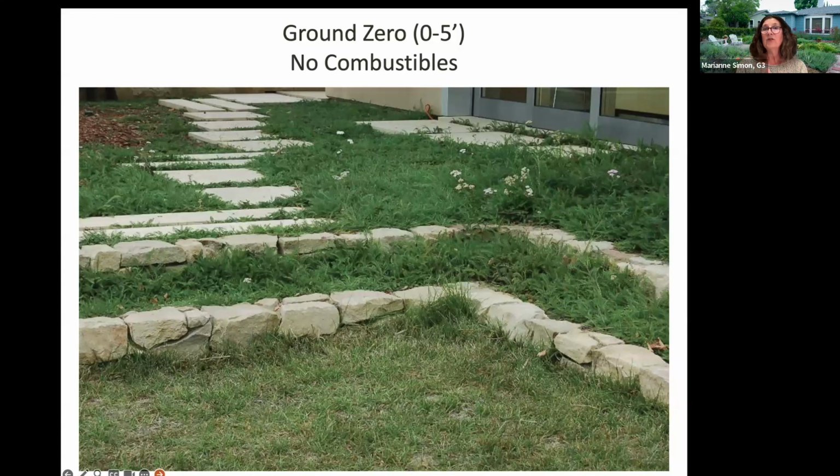So you may need to refer to your particular area to see what you need to provide. But even looking at this image where there is planting, these plants are well watered. They are relatively low. They're very low. And so, if the fire was to make its way into this zone, there really wouldn't be very much for it to spread with.